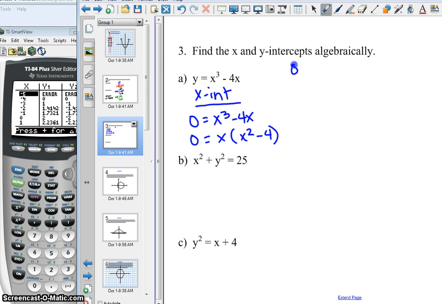And then x squared minus 4 is the difference of two squares: x minus 2, x plus 2. Then you set each factor equal to 0.